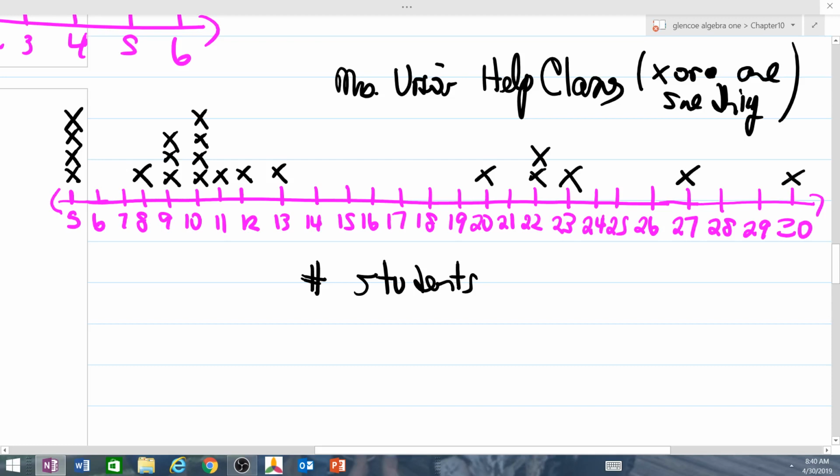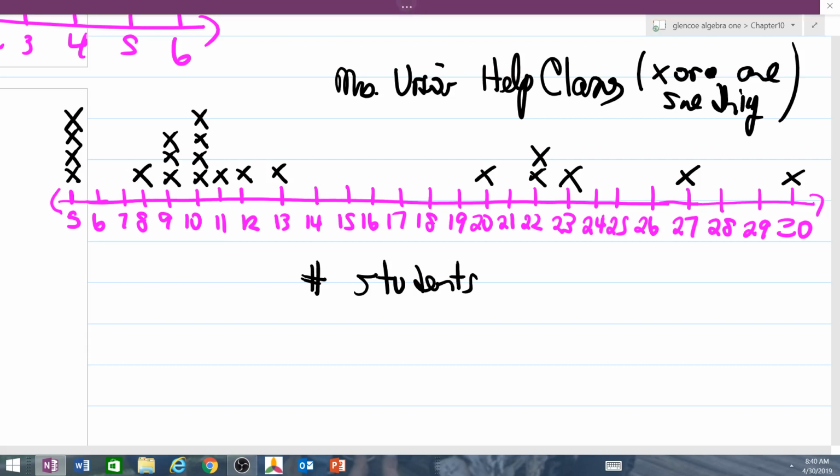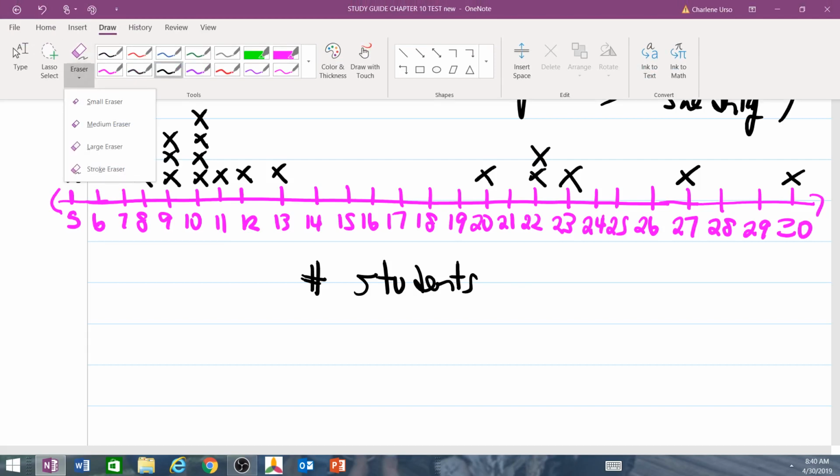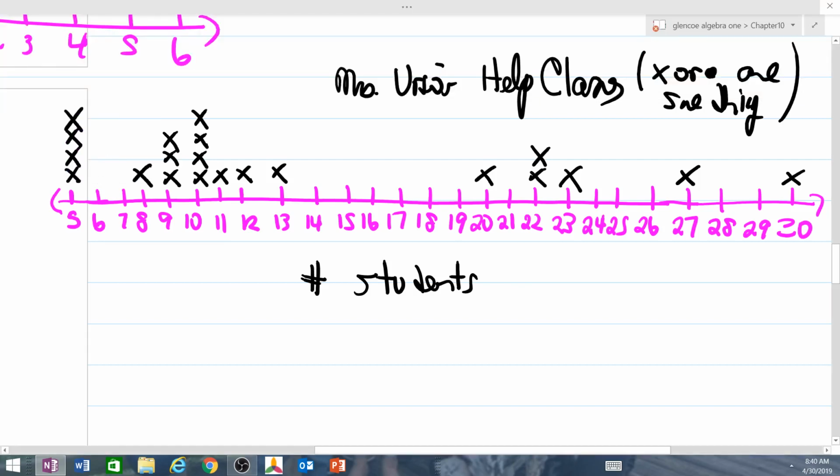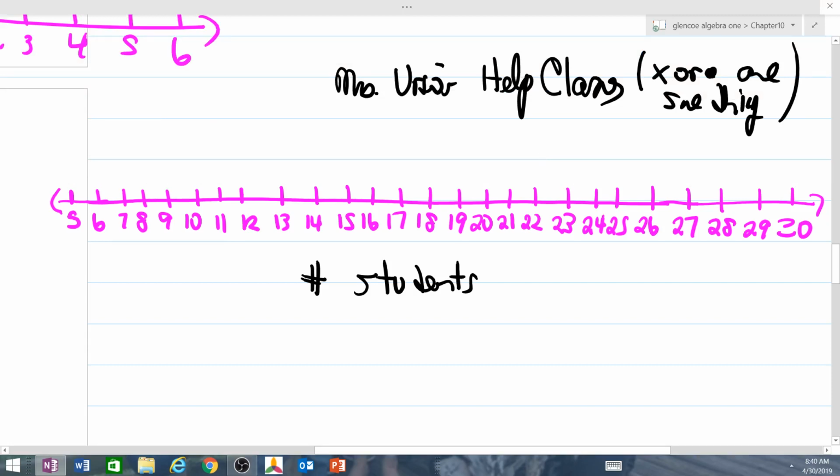So that is a line plot. Again, I know I'm repeating myself, but for the benefit of everyone listening online, a line plot and a dot plot are the same thing. So what you've seen right here is technically a line plot because it's marked with X's. I am now going to erase the X's and show you what it would look like if we made it with dots. There really is no difference.